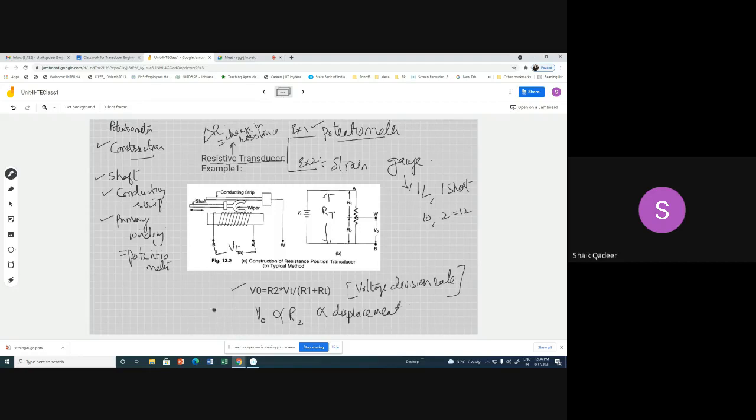So this is called the principle of operation.